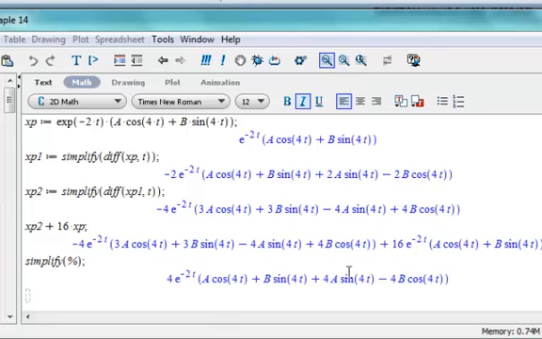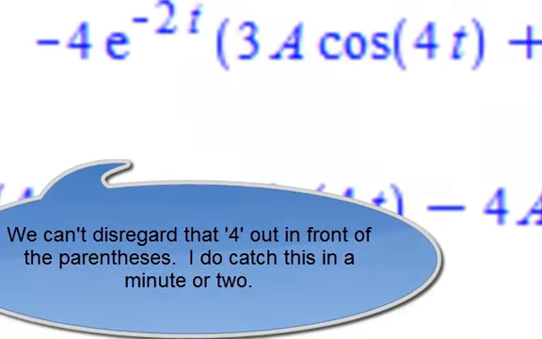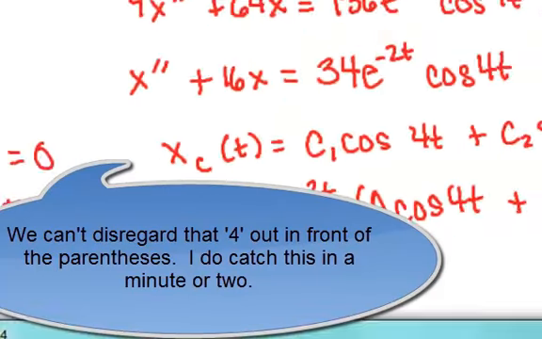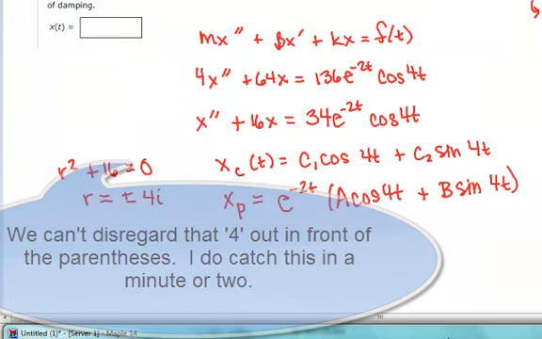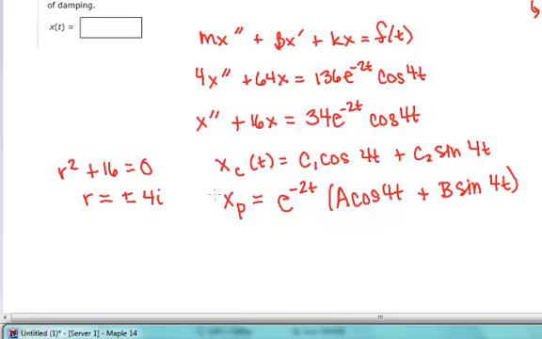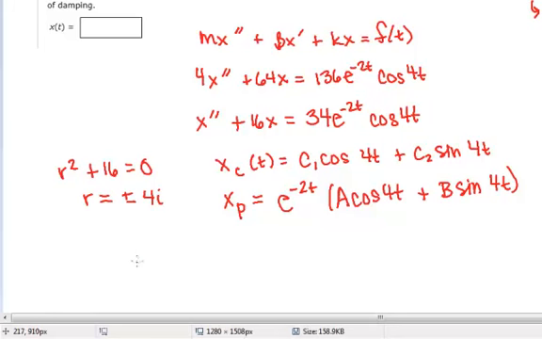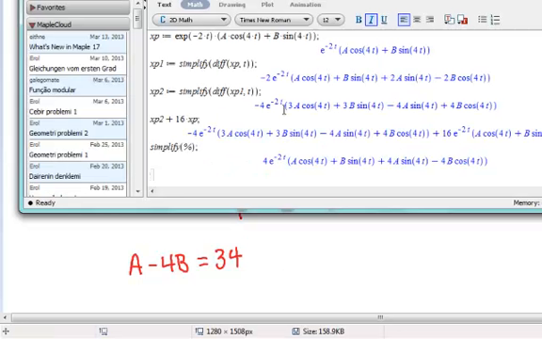So the cosine terms, we'd have a minus 4b, so we get minus 4b has to equal 34. And then the sine terms, we would have, oh, there's a 4 in front of there, 4a, so that would be minus 16b. I missed that 4.